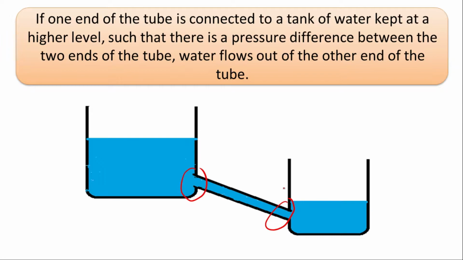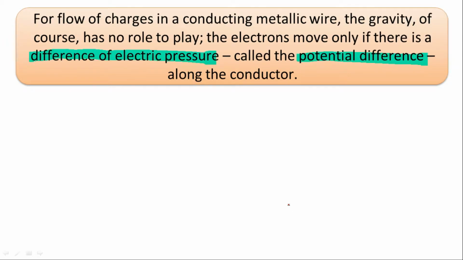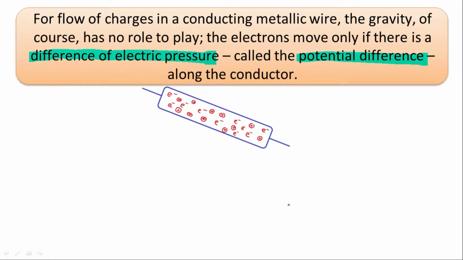Now the pressure difference is created between the two ends of the tube, and due to this fluid pressure the water will flow from this tank to this tank.